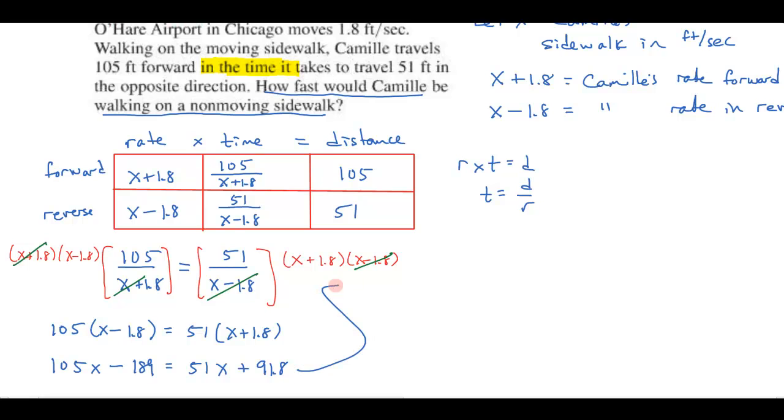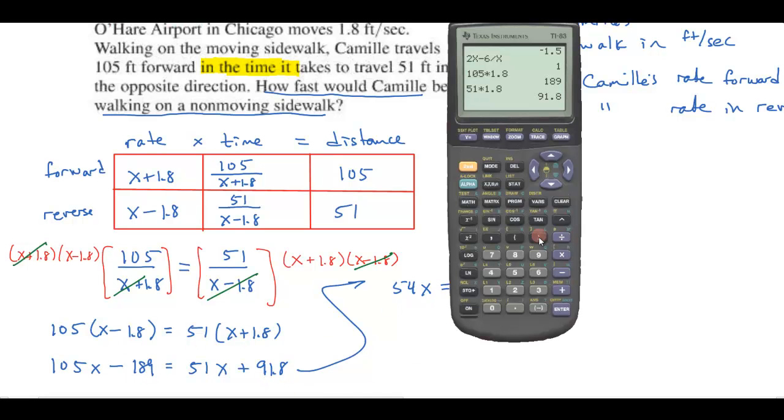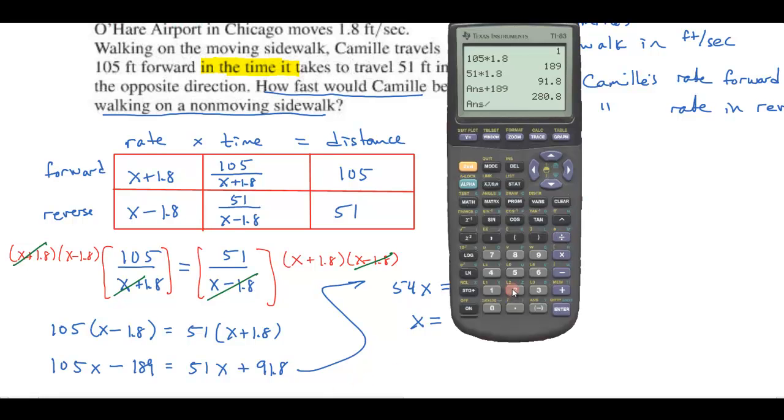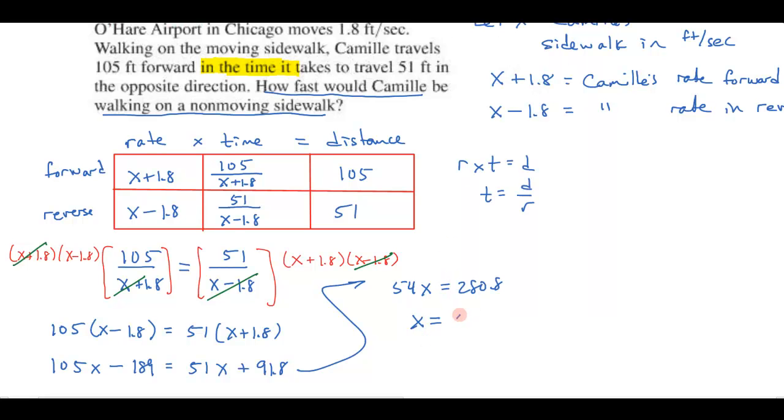Let's bring my 51x over to this side. I'm going to subtract 51x from both sides. That gives me 54x. I'm going to take the 189 and add it to the 91.8. When I do that, I get 280.8. Now if I divide both sides by 54, 280.8 divided by 54 gives me 5.2.